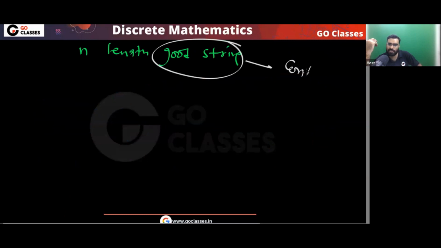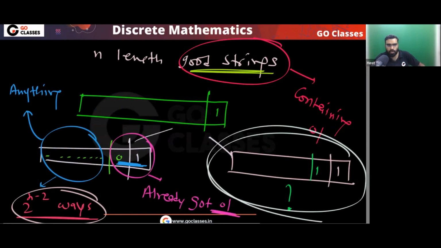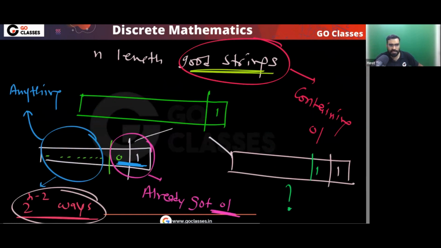Good string means containing 0, 1. Only this case is pending, right? This is the pending case.